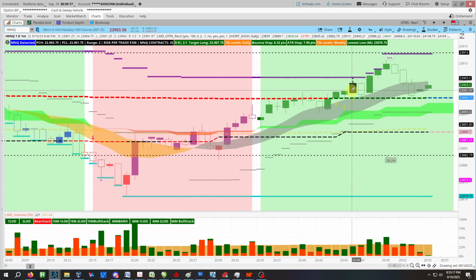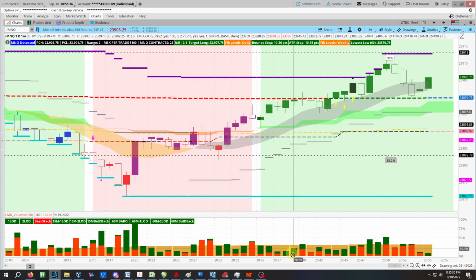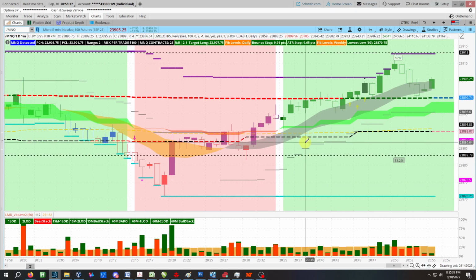Would have been entering right there. Would have been putting your stop right there. The high of that candle was 23,901.75. Call it 23,902. And this thing went from 902 to 913. 11 points on 3 points worth of risk. Not a bad trade, but that's not what we're here to look at.